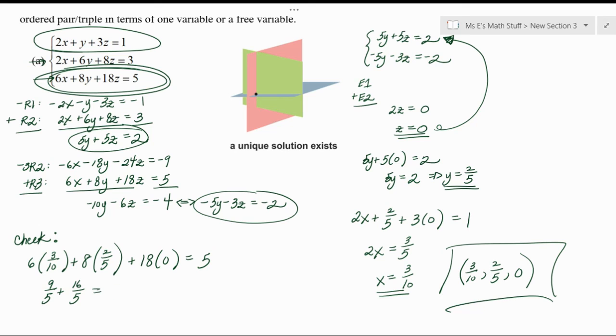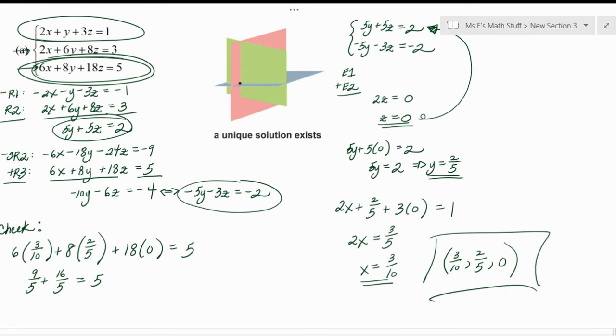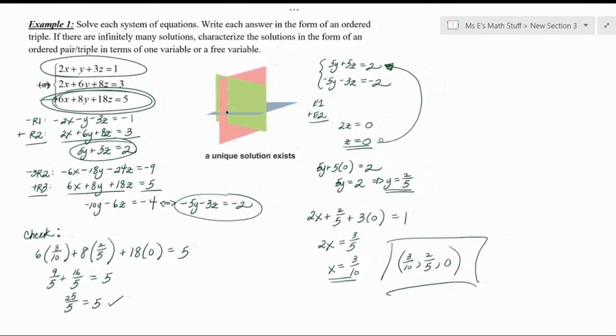So 9 plus 16 is 25, and 25 divided by 5 is 5. If you're going to be thorough, you should also check it in row 2 and row 1, but I'm going to be a bit of a cheapskate on that one.